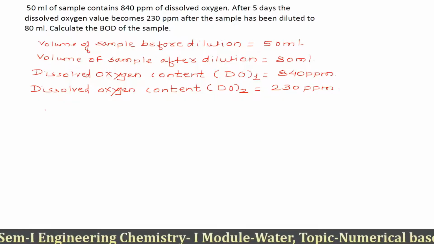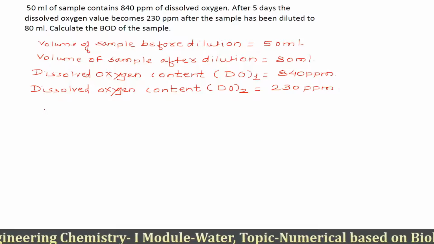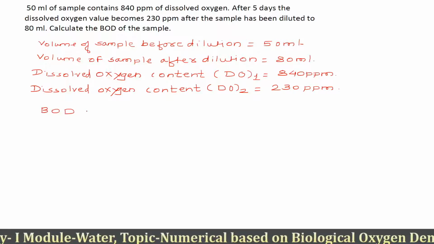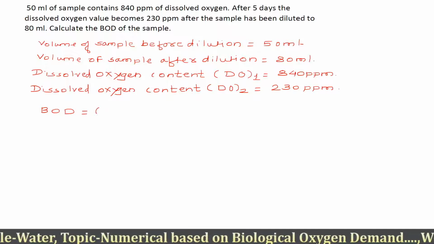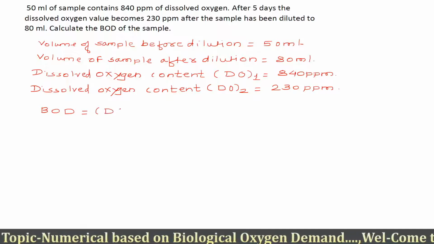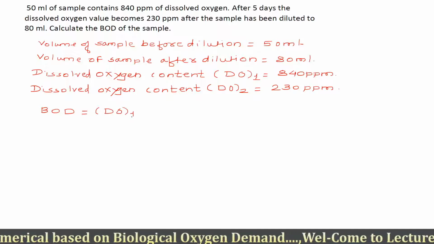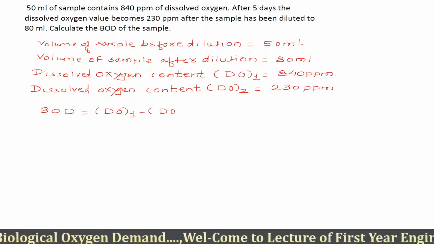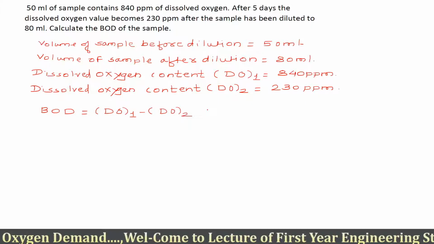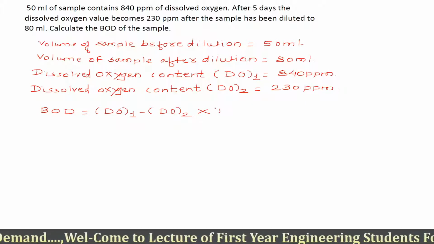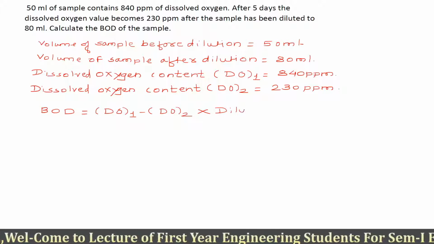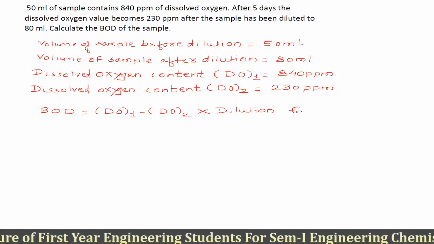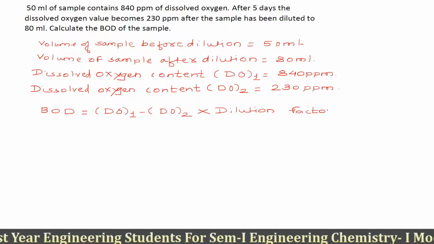Then our formula for calculation of BOD, biological oxygen demand, is DO1 minus DO2 into dilution factor.